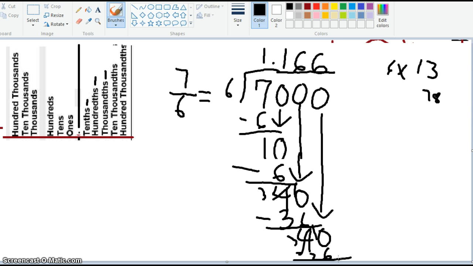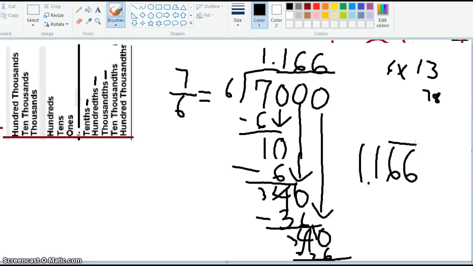So the way this answer would work, first of all, it's already at the tenths, hundredths, and thousands place. But because the 6 is going to keep going and repeating, what I can do is simply put the value 1.166 with a line on top of the 66 because I know that it's going to keep going 1.166666 into infinity, and it's going to keep going.